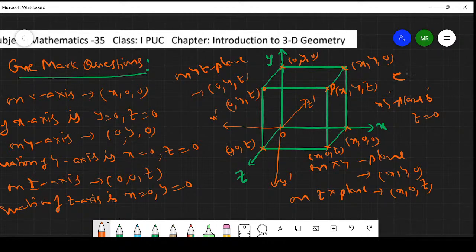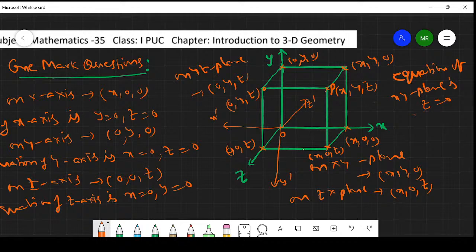The equation of the xy plane is z equal to 0. I hope you understand. Suppose they want the equation of the zx plane.